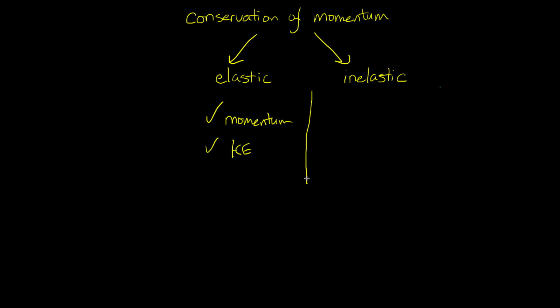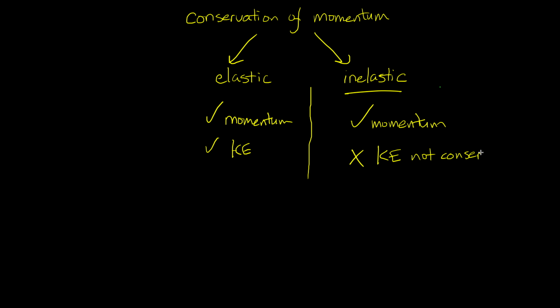Now this differs when we're dealing with inelastic collisions. In inelastic collisions, we do still see a conservation in momentum, but when we look at the object's kinetic energy, we do see a change in kinetic energy. So in other words, kinetic energy is not conserved in an inelastic collision.